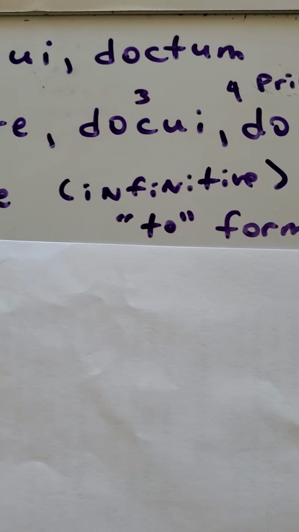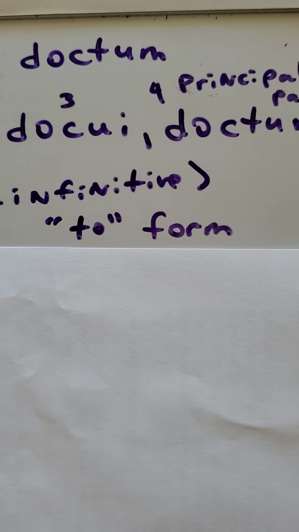Okay, so those are formed from this word plus the endings given to you in the vocabulary listing. So what do you do with those? Well, for right now, we're going to ignore the third and fourth principal parts. We don't need those yet.